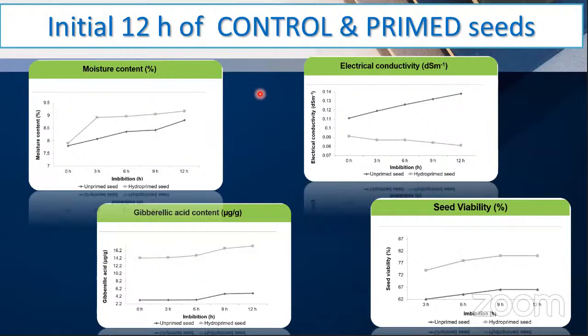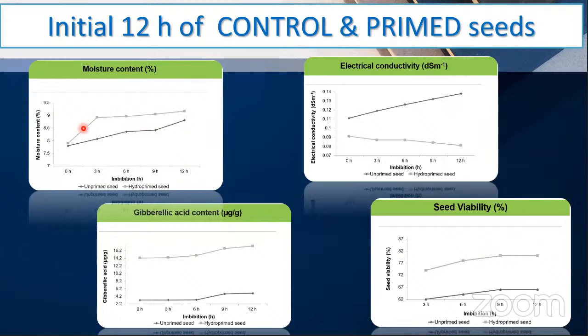You see here, this is moisture content, electrical conductivity, gibberellic acid, as well as seed viability. We are comparing the unprimed seeds and the hydroprimed seeds. This line is hydroprimed seed. What this graph shows is imbibition itself is faster in the primed seed compared to the unprimed seed.